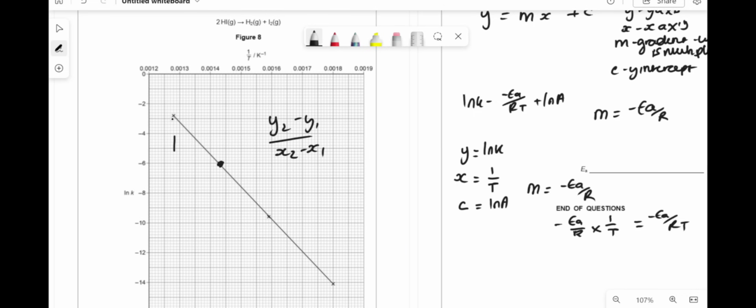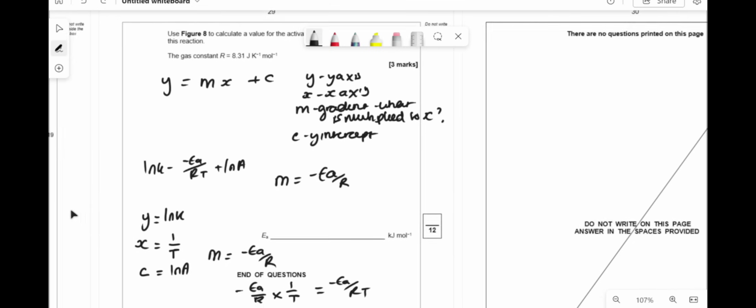As you go this way your y value gets higher, so if I'm working the gradient using this point and this point, I need to use this y coordinate minus this y coordinate over this x coordinate minus this x coordinate. If you do that, you should end up with some number.